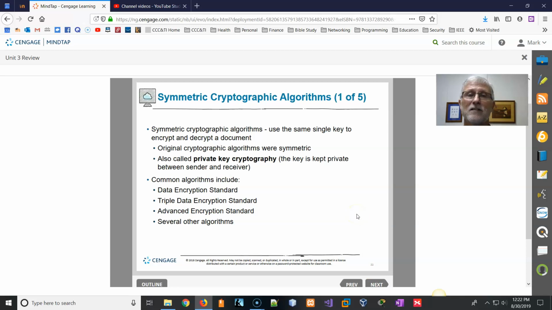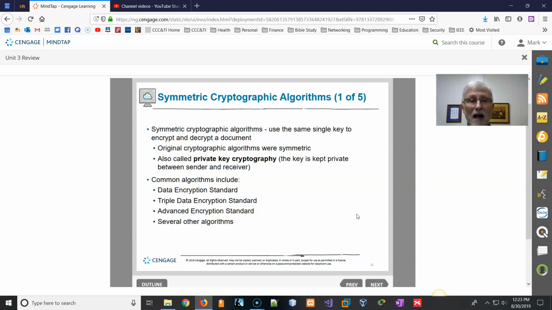So let's now take a look at some of the symmetric cryptographic algorithms. Basically, symmetric cryptographic algorithms use the same single key to encrypt and decrypt a document. Some of the original algorithms out there were called private key cryptography, or PKC, where a private key was kept private, supposedly, between sender and receiver.